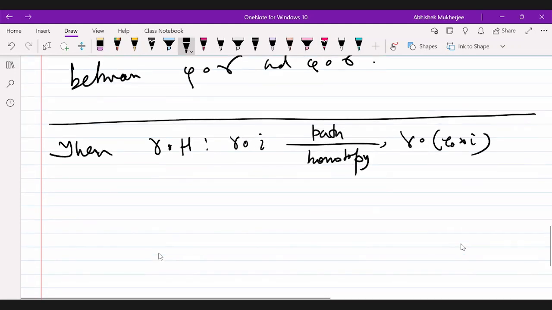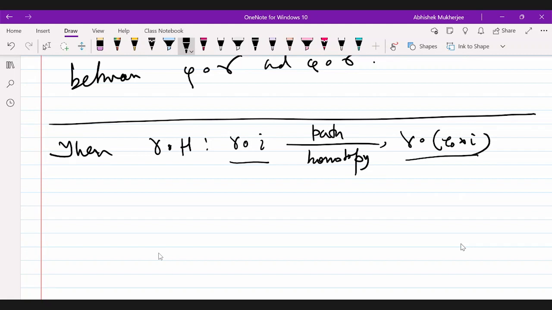Now, this gamma compose I is nothing but gamma itself. And what is the other one? Since from 0 to half, this E naught is 0, it will go to E naught. That means the constant path at E naught, right?